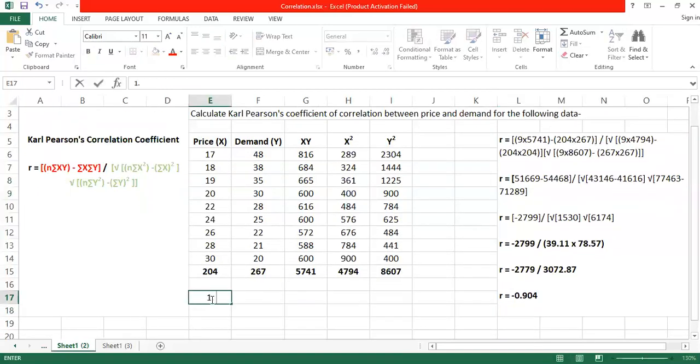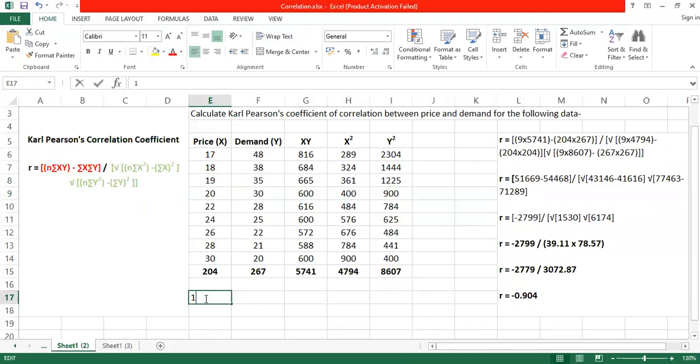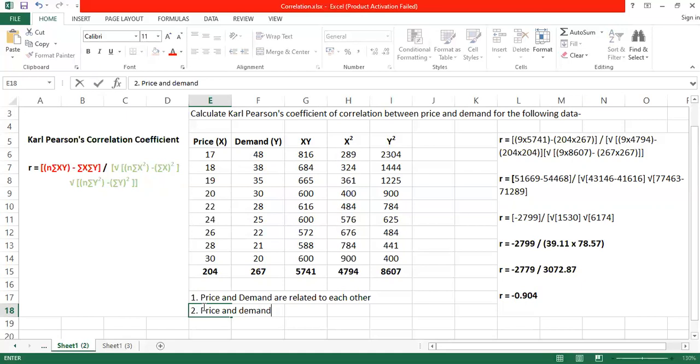So what we found out is, first, price and demand are related to each other. Second, price and demand are negatively related, right?